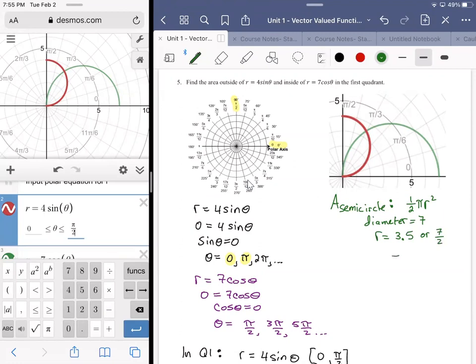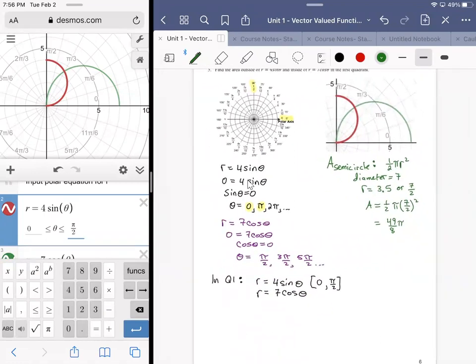So the area is 1/2 pi times 7/2 squared. 49 quarters times a half is going to be 49/8 pi. So that gives us the whole top half of that circle. We can use calculus for that, but we'll get to the calculus in a second, so it's not 100% necessary.